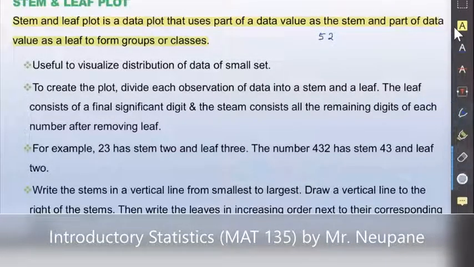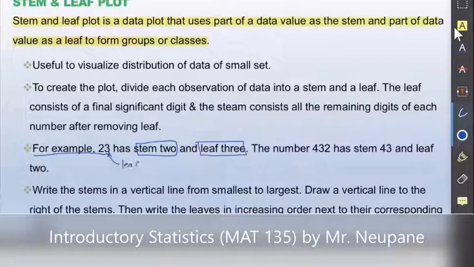Let me take the same example. I use 23 here. 23 has the stem 2 and leaf 3. So the last digit is the leaf, and this one here is the stem.